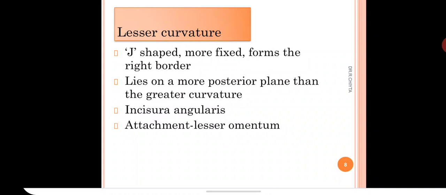The most dependent part of the curvature is known as incisura angularis. This curvature gives attachment to the two layers of the lesser omentum, which contains anastomosis of right and left gastric vessels close to the curvature.